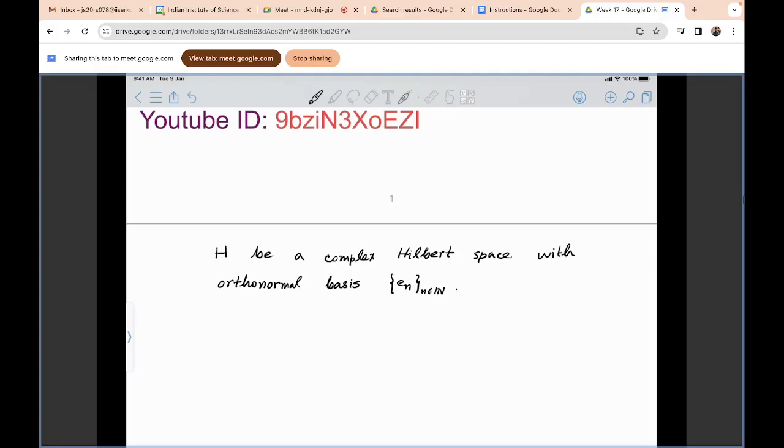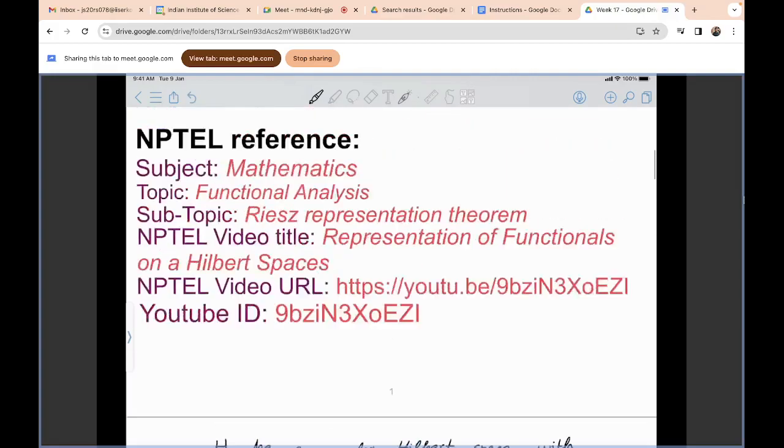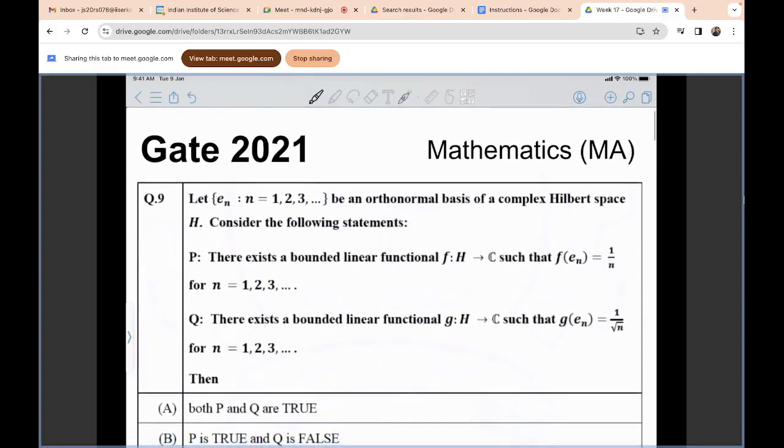So these are the orthonormal basis for the Hilbert space. Now we will show that P is true and Q is false. That means we will show that there exists such a bounded linear functional f, and we will show that there does not exist any bounded linear functional g of this form.